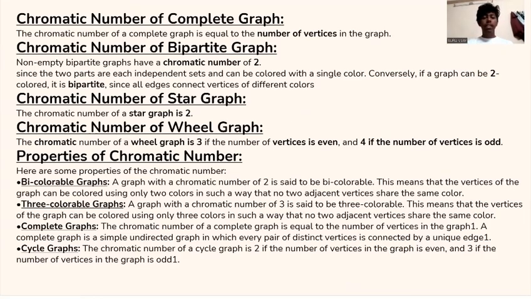And just by seeing the types of graphs, we can say the chromatic numbers. There's no need of seeing the graphs, calculating the vertices and assigning colors. Just by knowing the type of graph, we can directly say the chromatic number of that graph.